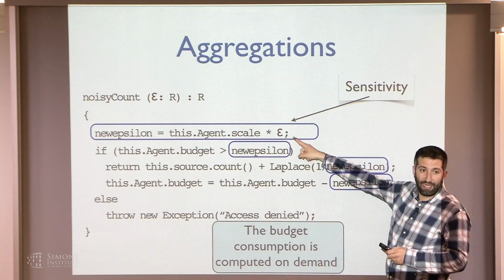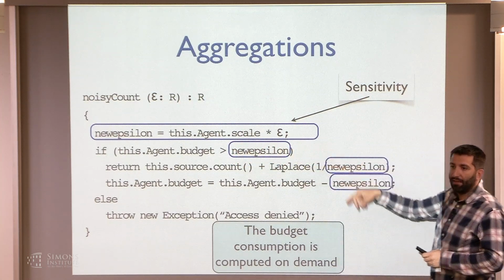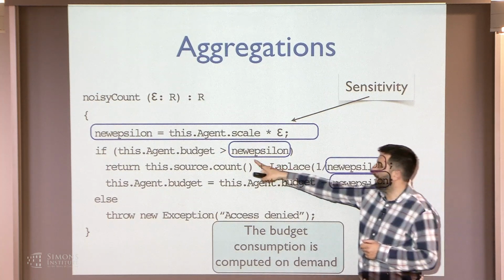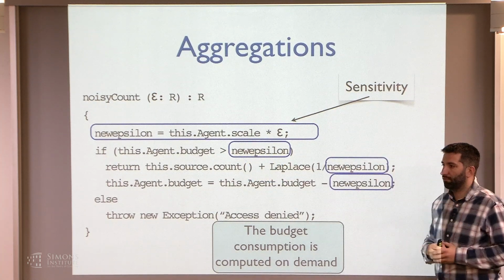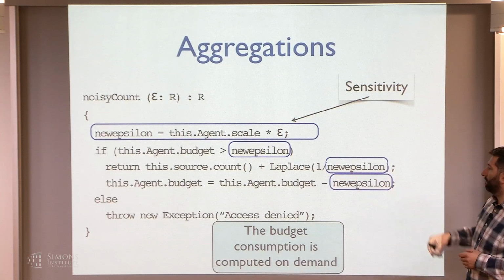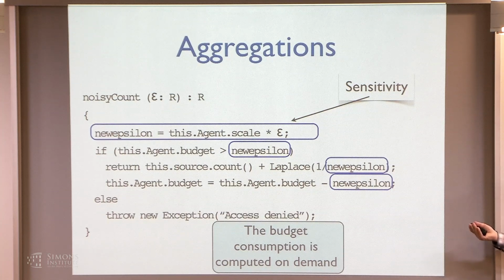We take the scale that we have used before, and we multiply it by epsilon, assuming that we add Laplace noise according to epsilon. So the scaling is a multiplier for this sensitivity, and with this, we compute the new epsilon. Then we check if we have enough budget to account for the new epsilon. Then we add the Laplace noise accordingly, and we decrement the budget. So it's what you would expect.